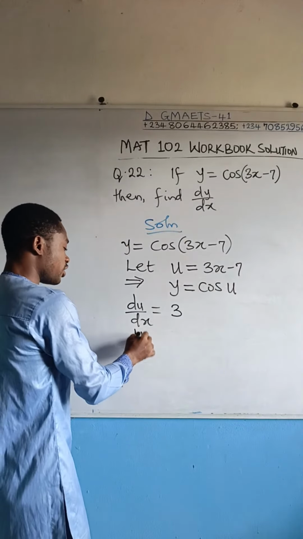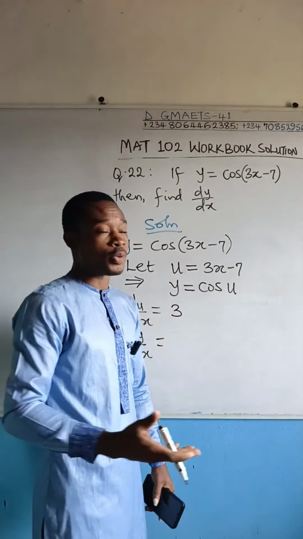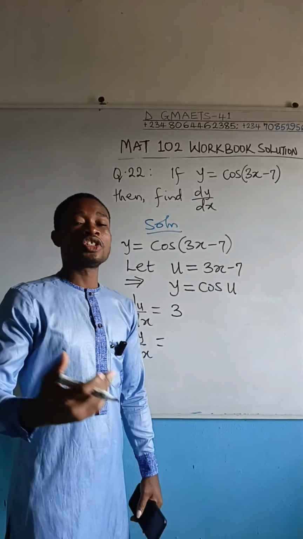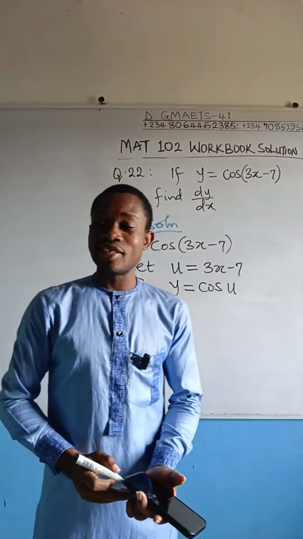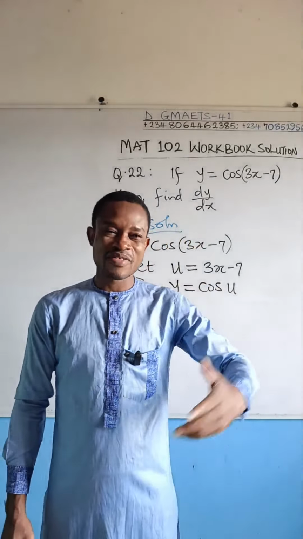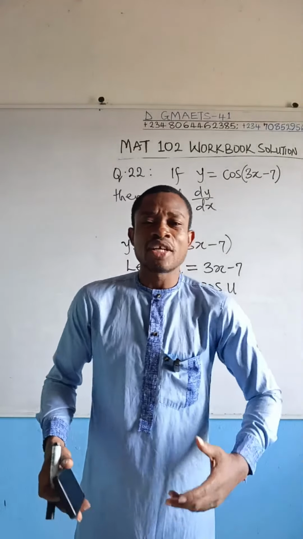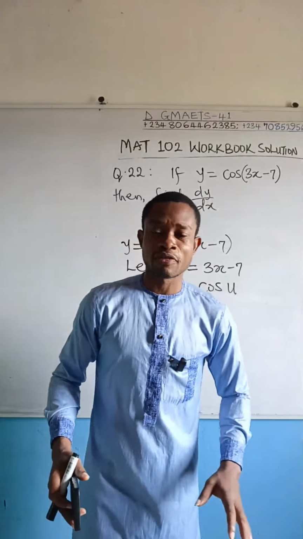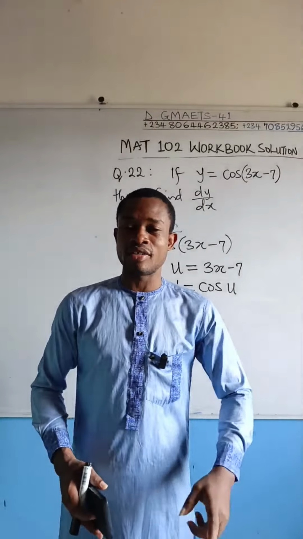Next, we are going to differentiate y with respect to x. What I'm doing here is the chain rule approach to solving functions known as functions of functions. But when GMAT 41 teaches differentiation and integration, I don't punish students with that concept. One interesting thing is that chain rule is the most powerful rule of differentiation. Everything you do in differentiation is chain rule modeled.